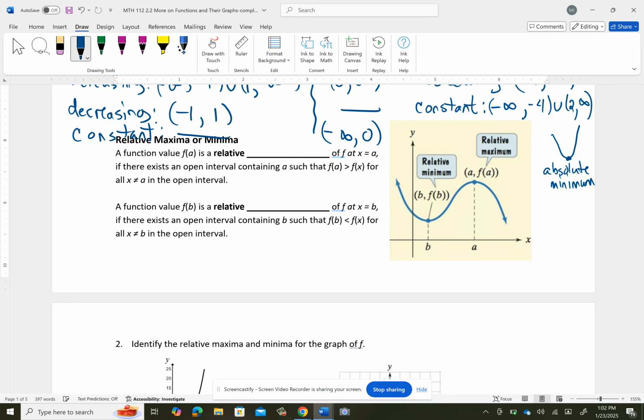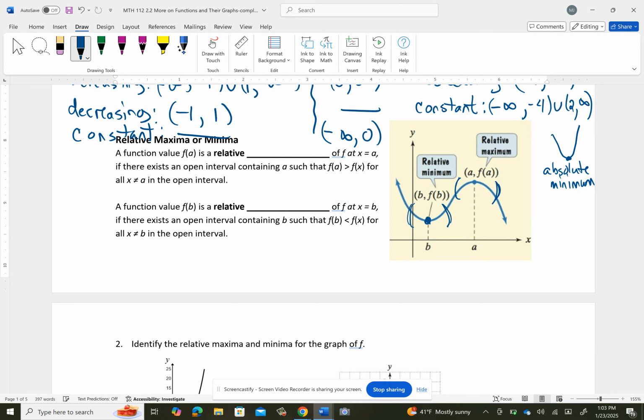All right, but a lot of times you are interested in minimums and maximums that might not be overall mins or maxes, but on some interval. If I cut a portion of the graph, it's the lowest point in that portion, right? So if I cut off a portion of the graph that they indicated there, this spot would be the lowest spot in that region, in that interval.